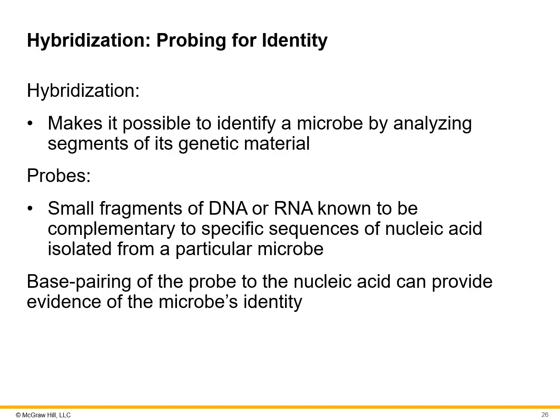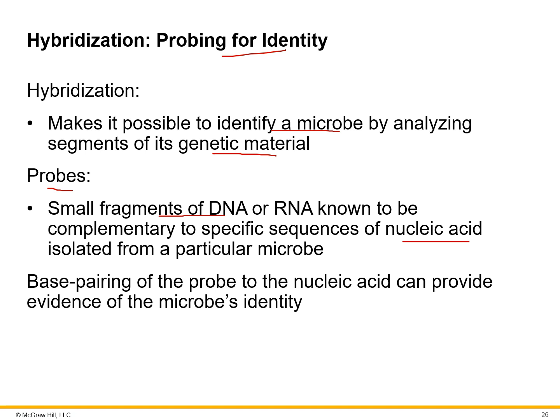Now in hybridization, we're probing for identity. So it's identifying a microbe based on segments or pieces of its genetic material. So the probes are small pieces of DNA or RNA that are known to complement or bind to specific sequences of nucleic acid to a particular microbe.